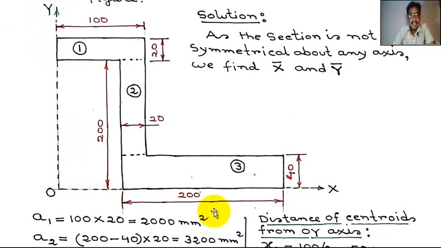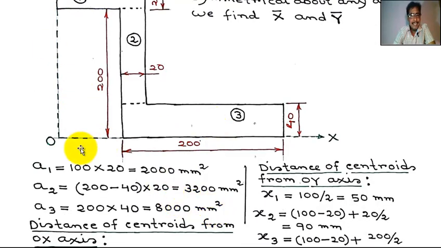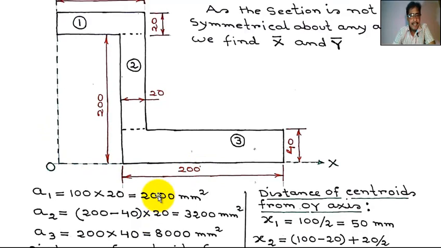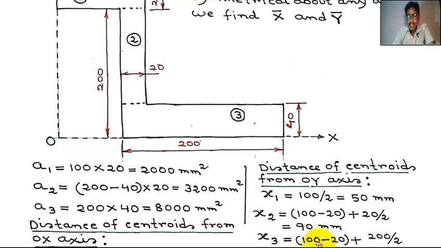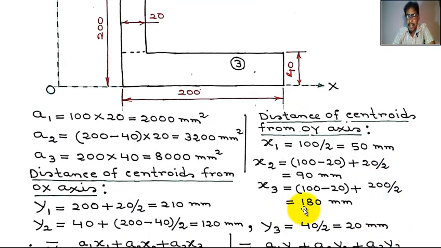It is 100 minus 20 plus 200 by 2 equal to 180 millimeter.